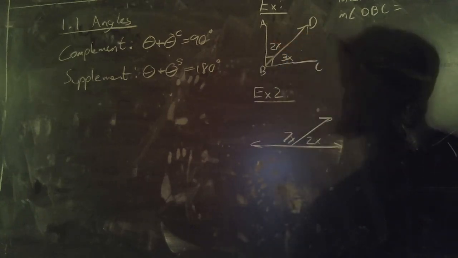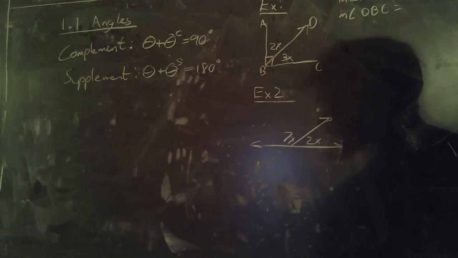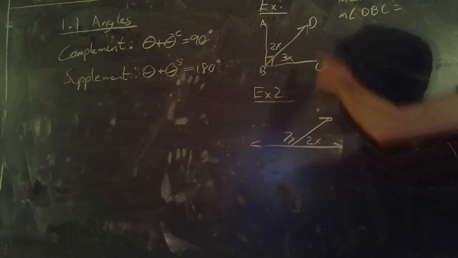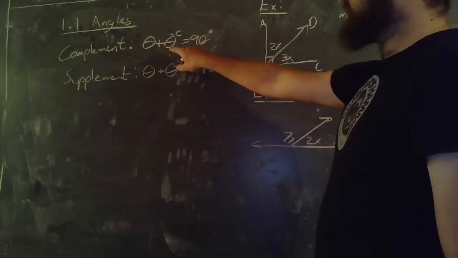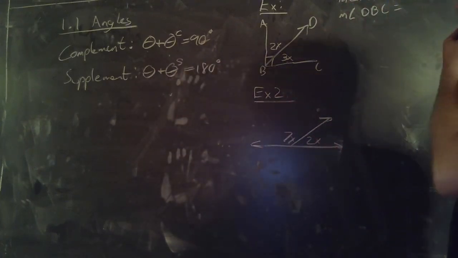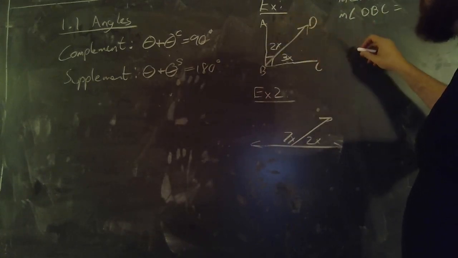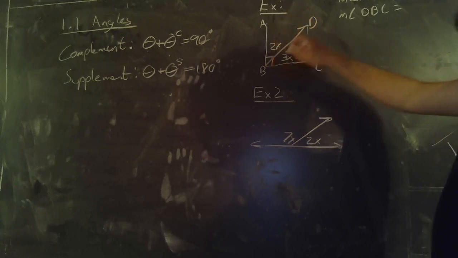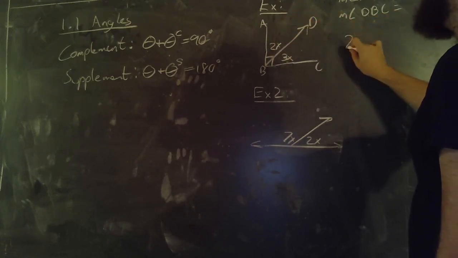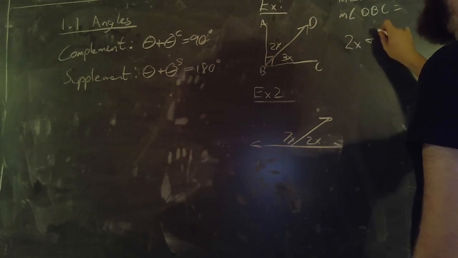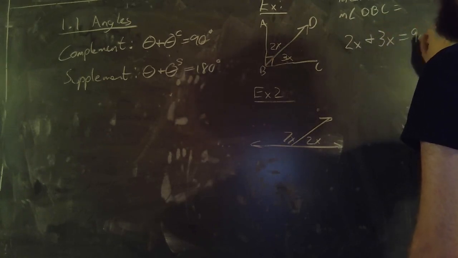Well, because we are dealing with a quadrantal angle that's been divided up somehow by this ray, we know that the definition of the complement is sufficient here. So if I take the algebraic expression that represents the measure of angle ABD, that would be 2x plus its complement, 3x, must equal 90 degrees.